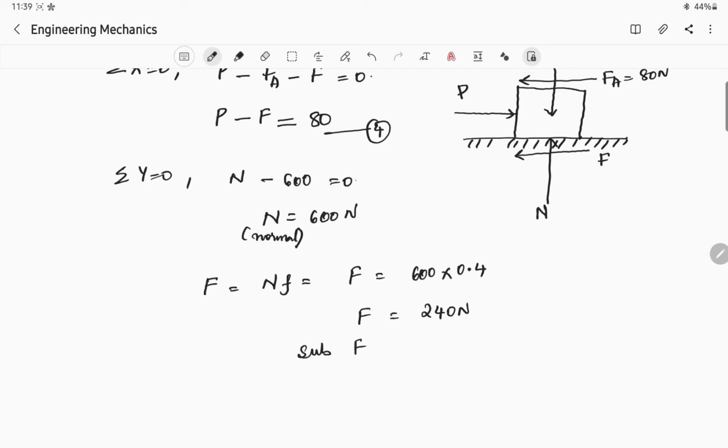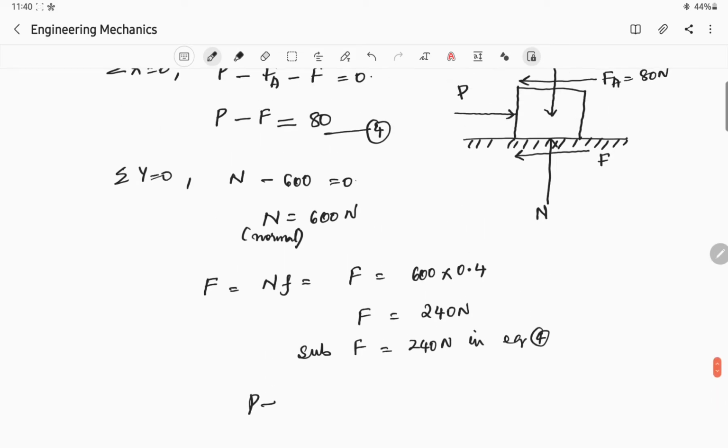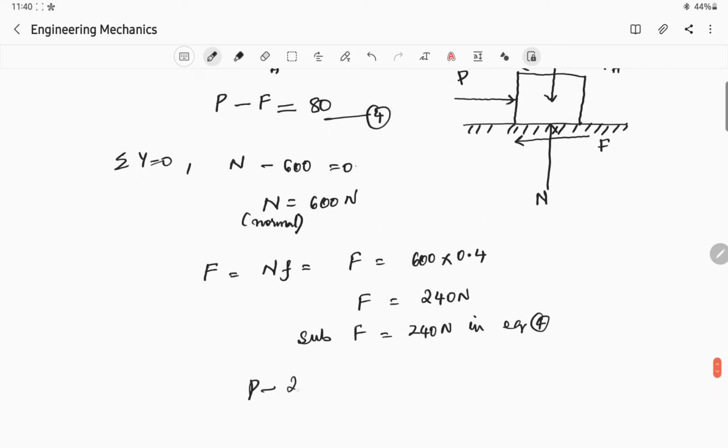Substituting F is equal to 240 newtons in equation number 4, you will get P minus F, that is P minus 240, is equal to 80. That implies P is equal to 240 plus 80, which is equal to 320 newtons.